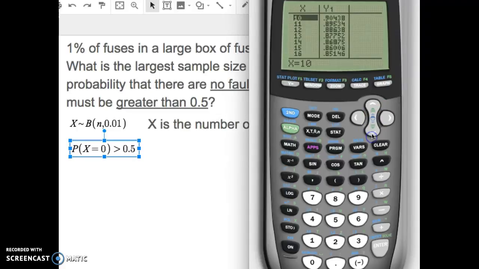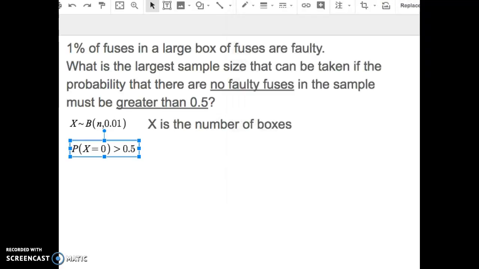Let's scroll all the way down, and we're looking for 0.5. Oh, we're getting close. There you go. The first time that we see 0.5 is when my n is 68. So that's my answer: n equals 68.